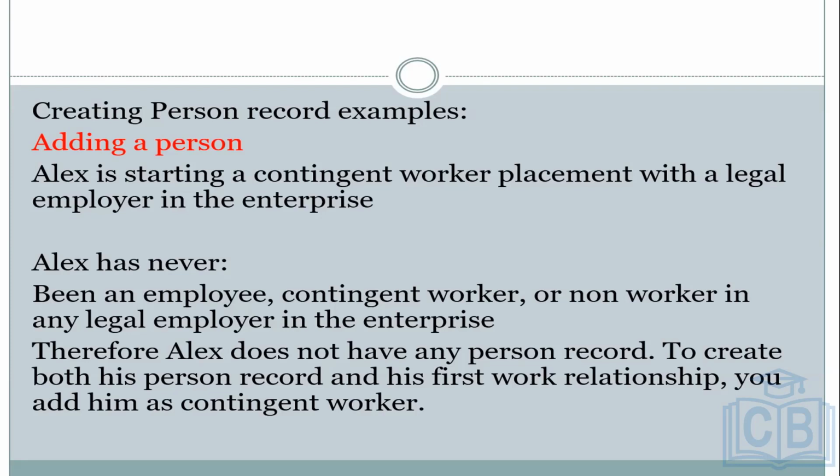You have to add him as a contingent worker first. Or else you can add him as an external employee. As a contractor, he is a contingent worker. But when you want to add him as an employee, then he will be an employee.